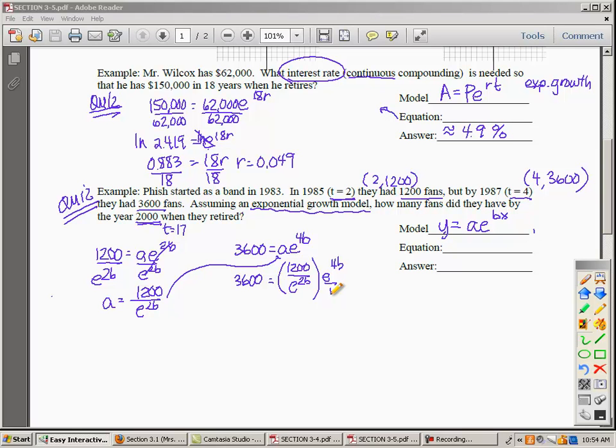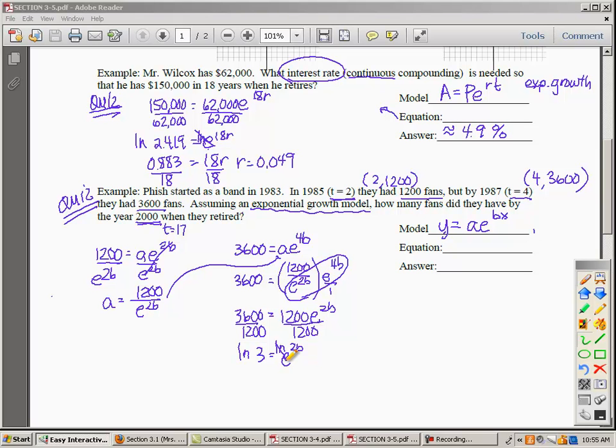And according to our exponent rules, we can subtract those exponents. So you get 3,600 equals 1,200 e to the 2b. And now I'm going through and solving. So if I divide by 1,200, 3 equals e to the 2b. And because it's a base e, I'm going to natural log both sides.